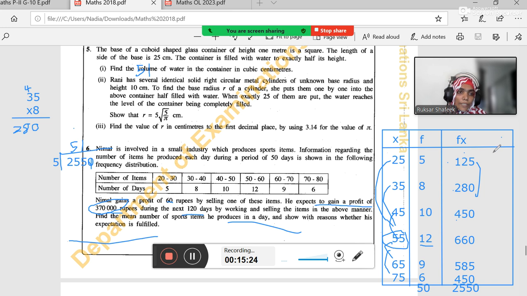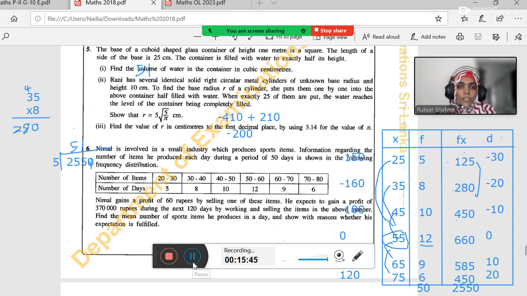Once you get the FD column, you get the total of that, and you divide it by the total frequency, which is 50, right? So let me quickly work that out and show it to you as well, how we get the same or a similar answer there. Give me a moment while I do that part for you, and then we can work it out. All right, so here we are ready with the deviation column as well.